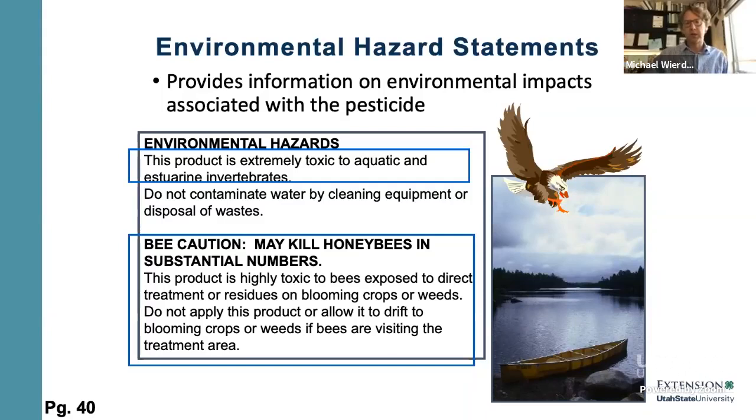Always use extreme care to protect the environment when applying a pesticide. Almost every label lists basic precautions about protecting water sources. Other labels may have very specific concerns in this section.